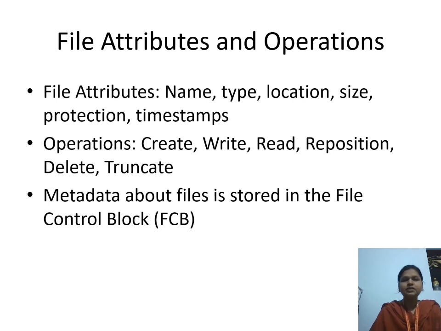There are some types of operations: create, write, read, reposition, delete, and truncate. These are the operations that are performed on file systems. Metadata about files is stored in the file control block. FCB denotes the file control block.